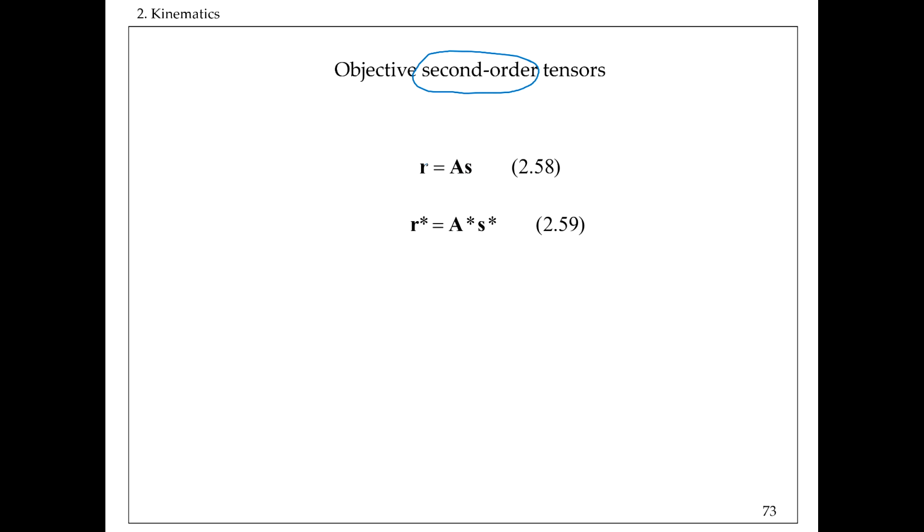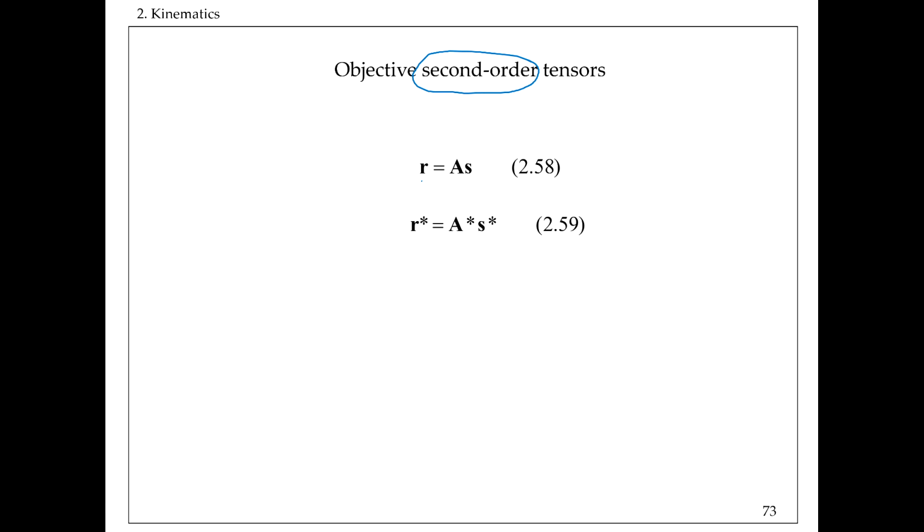That can be obtained back through the formula by multiplying simply by the proper orthogonal tensor Q, and so this tensor A will still be objective if, once we act with A on S, the objectivity is preserved.